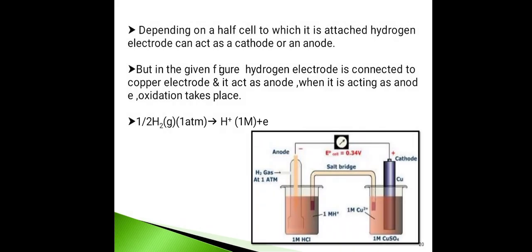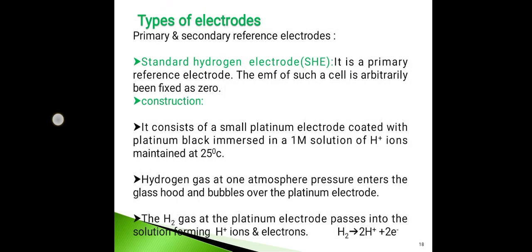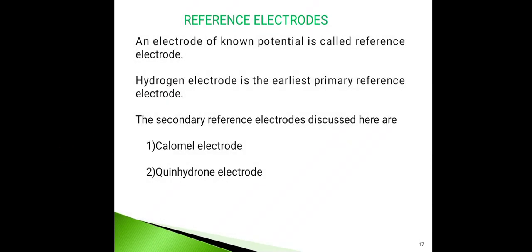You see, there are various important types of electrodes. First we need to understand what a reference electrode is.